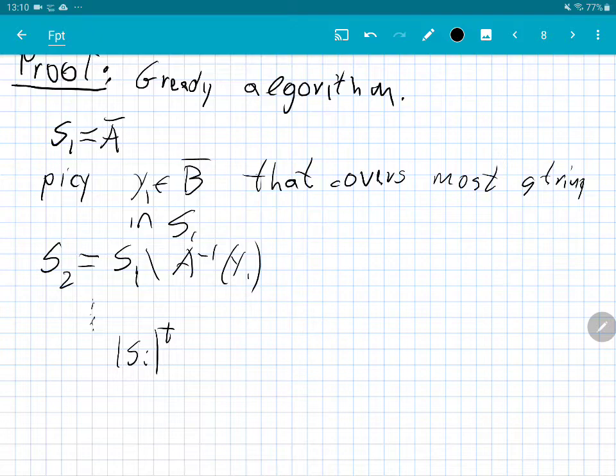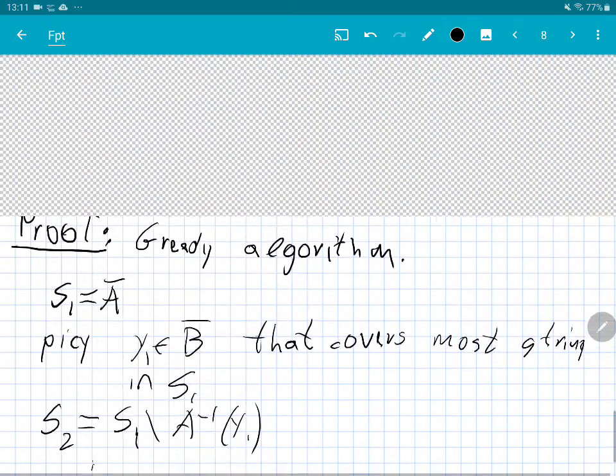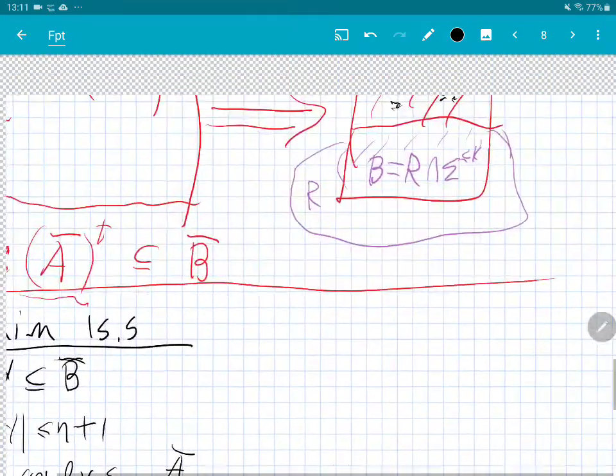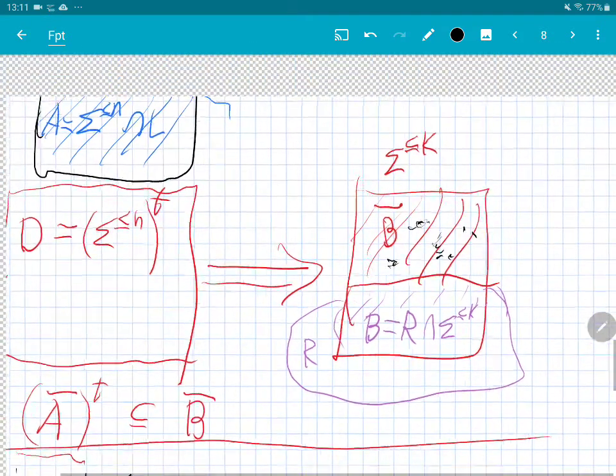Now, the algorithm A takes all those tuples, Si to the t, and maps them. It takes a tuple like that and maps it into the string sigma to the k, because that's what we defined the target, that was the parameter we picked.